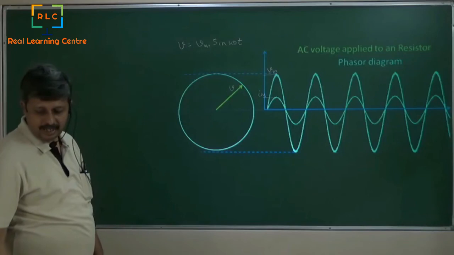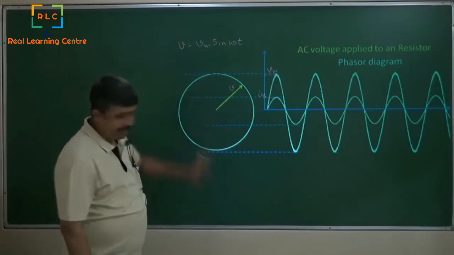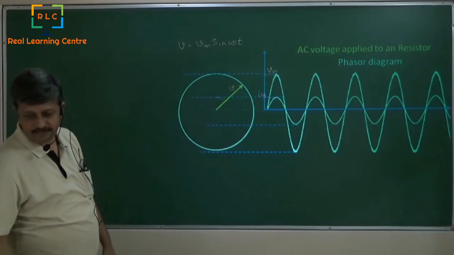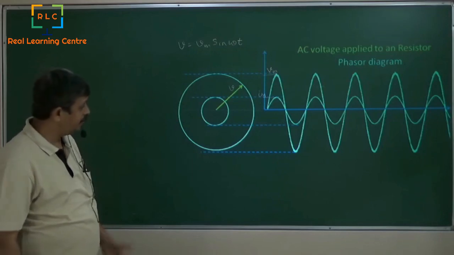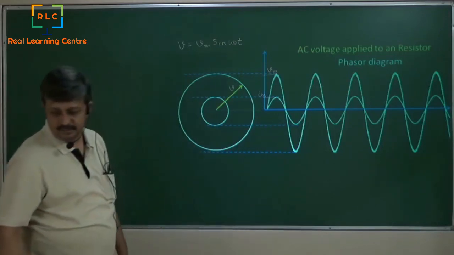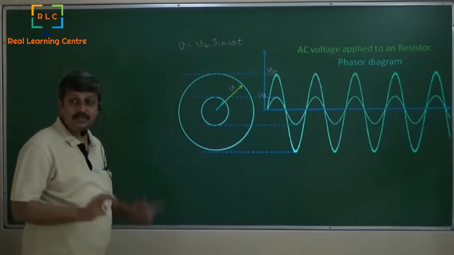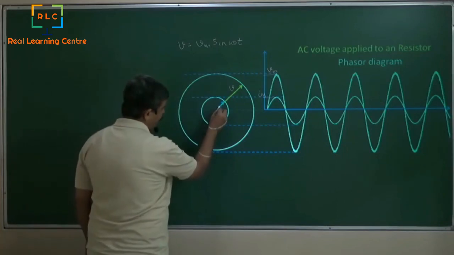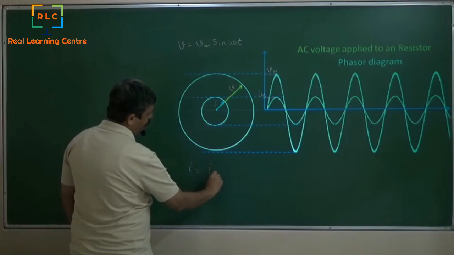We can take a line at the height of Im like this, take that as a radius and draw a circle. In that circle I'll draw I, which is I equal to Im sin omega t, and you can clearly see that this from here to here is I, and that I is equal to Im sin omega t.